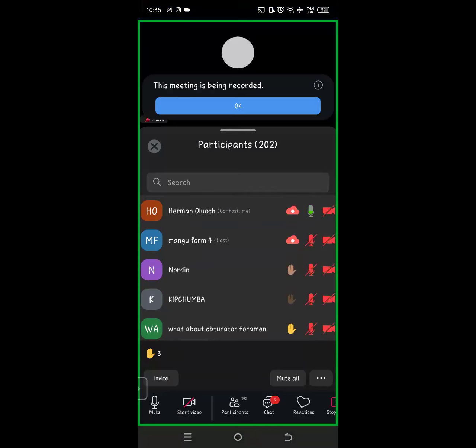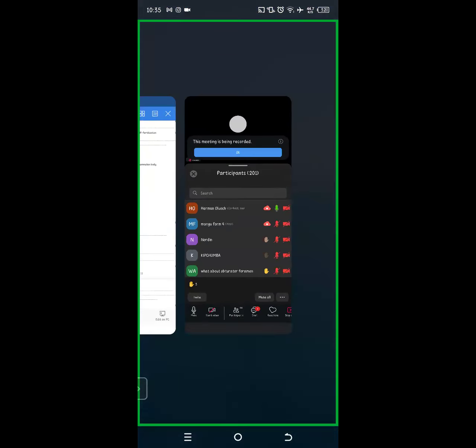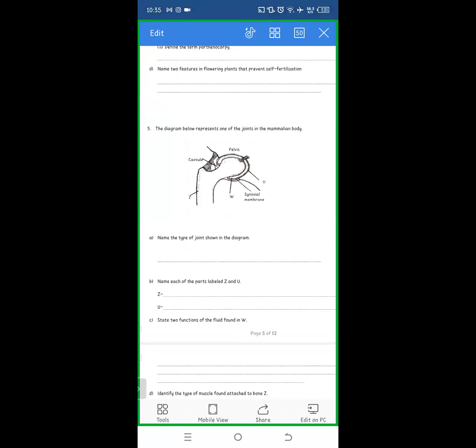What about obturator foramen? So for obturator foramen, foramens are always holes. And that hole called obturator foramen is found towards the lower part. You see where the part labeled U is? Yes, towards the ischium. And obturator foramen, that hole allows for passage of blood vessels to other parts of the body, from the legs to other parts of the body.